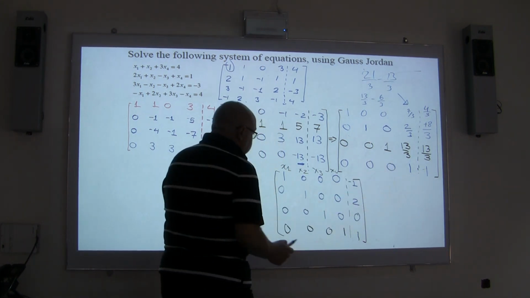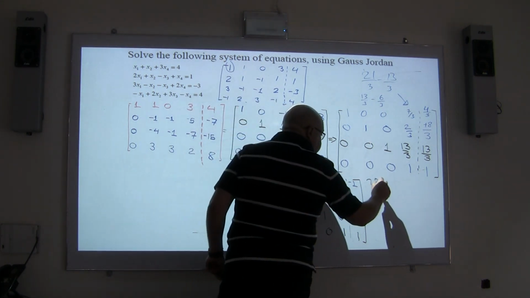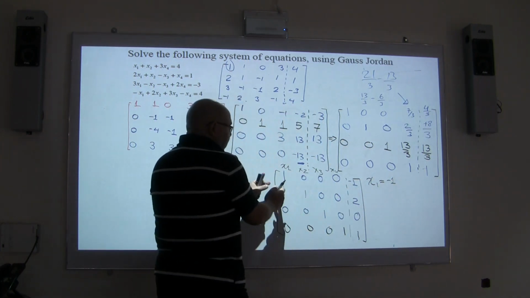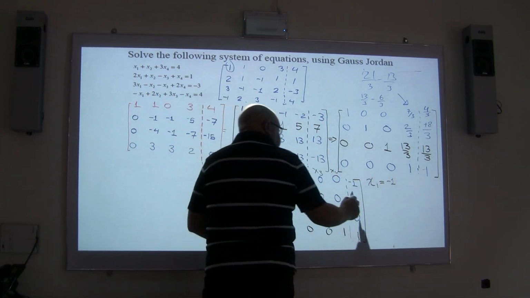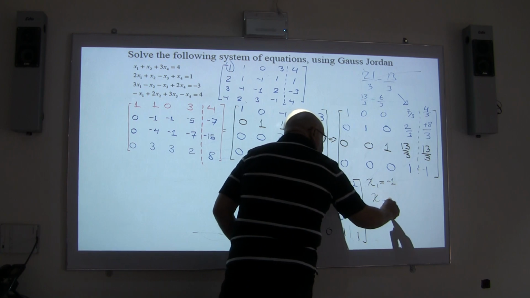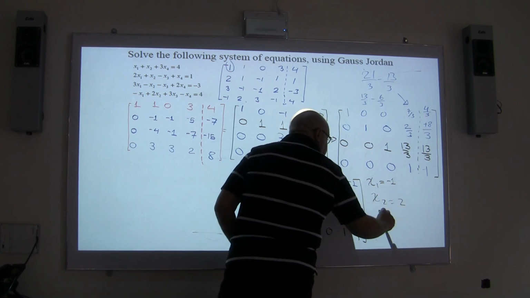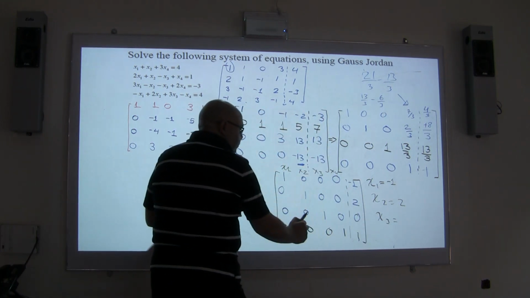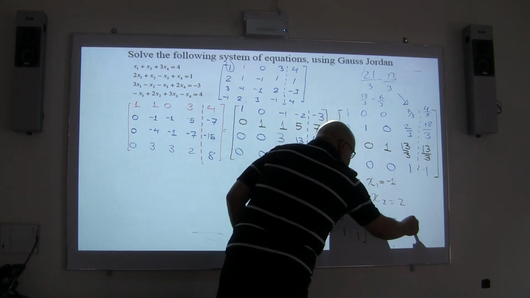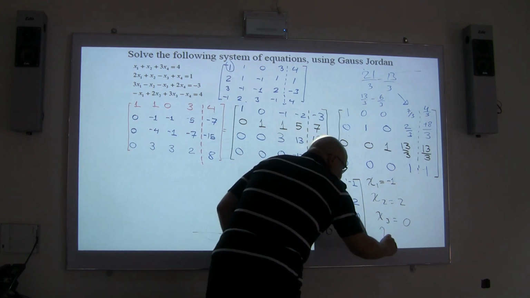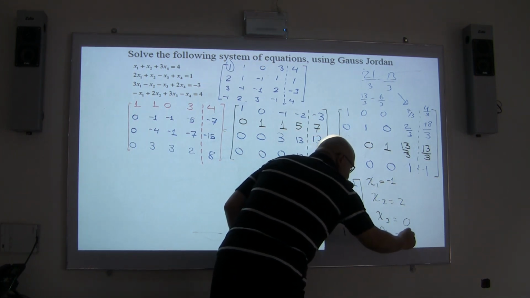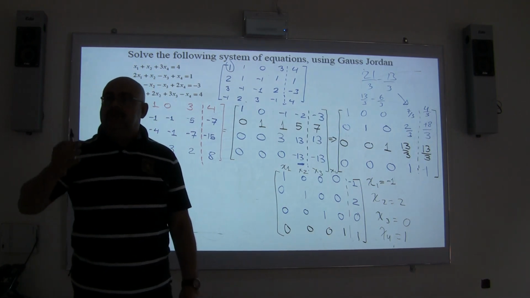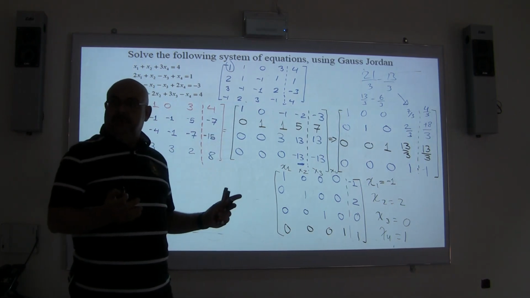So simply 1 times x1 is x1, which equals -1. And 0 times x1, 1 times x2, so it's going to be x2, which equals 2. x3, in a similar manner, equals 0. And the last one, x4, equals +1.